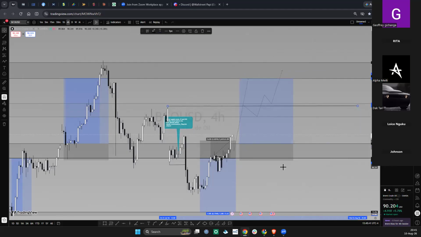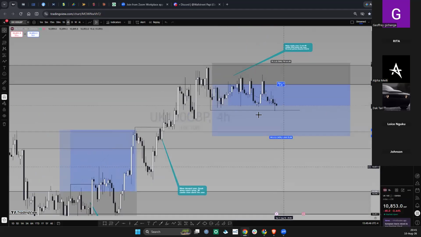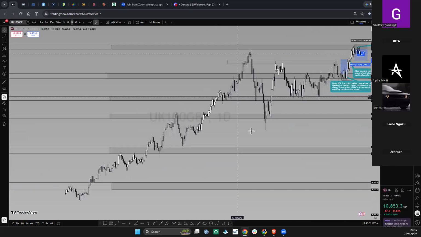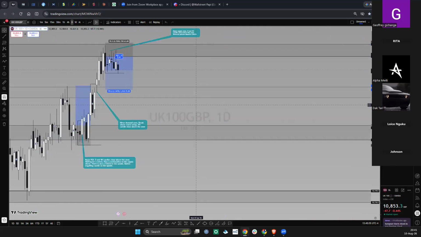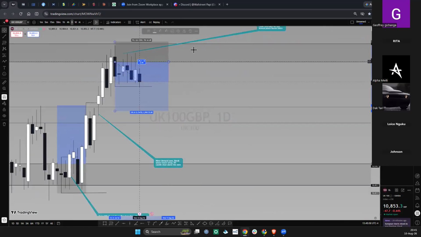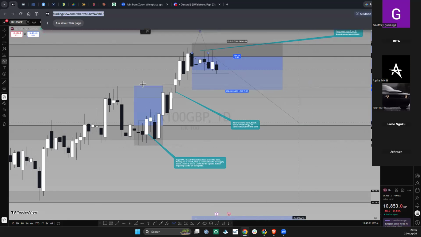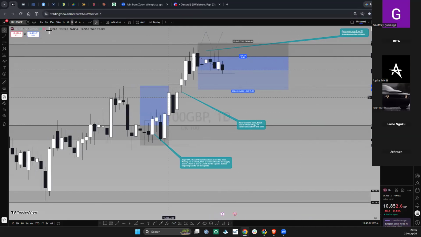Then we go to UK 100. This is the FTSE. Last time I was sharing this, I think it was last week, I had a sell bias on UK 100. I said we were expecting to see if the price action will cross above, then we wait for a retest and a continuation higher. But price action did not cross above.